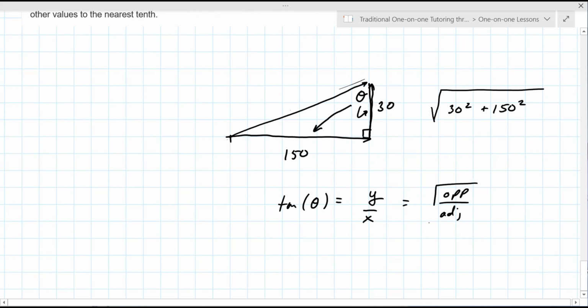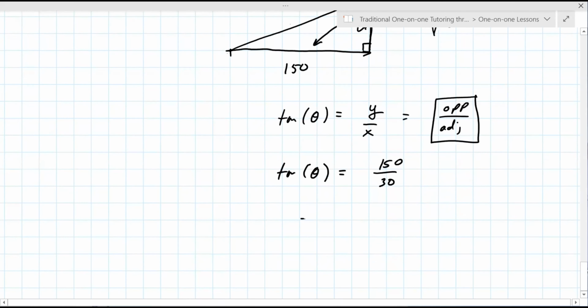So this one's always true. This is sometimes true. It's why you got to be careful. So tangent of theta is 150 over 30. But we want theta, so you got to find the tan inverse of 150 over 30. So could you do that for me, please? Let me know what you get.